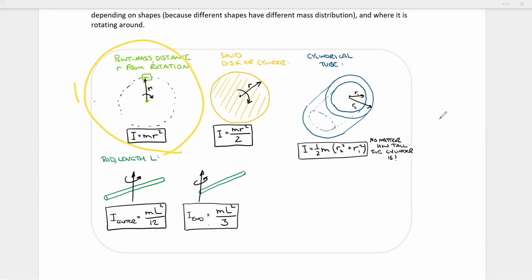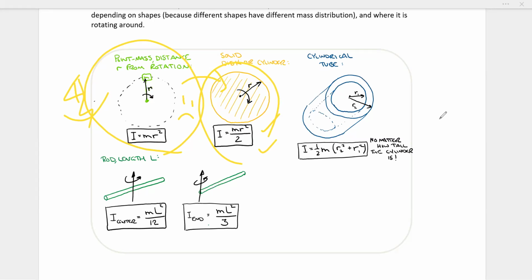If that mass were distributed over a disk, well, actually, if I were to compare the two, this is a little bit harder to get moving than this one, because the mass is distributed further from the axis. If you turn that same mass into a disk, it's closer to the axis, so it's a little bit easier to rotate.